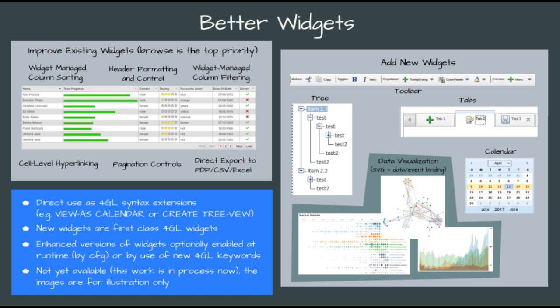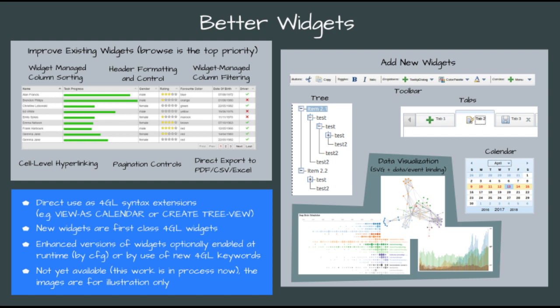Again, this is for our version of the 4GL, but you get toolbars and tabs and trees and calendars that look like 4GL widgets because they are, in the Forward version of 4GL. So view-as calendar on a date variable will turn into a nice calendar to display, and the selection of it will edit the date value.